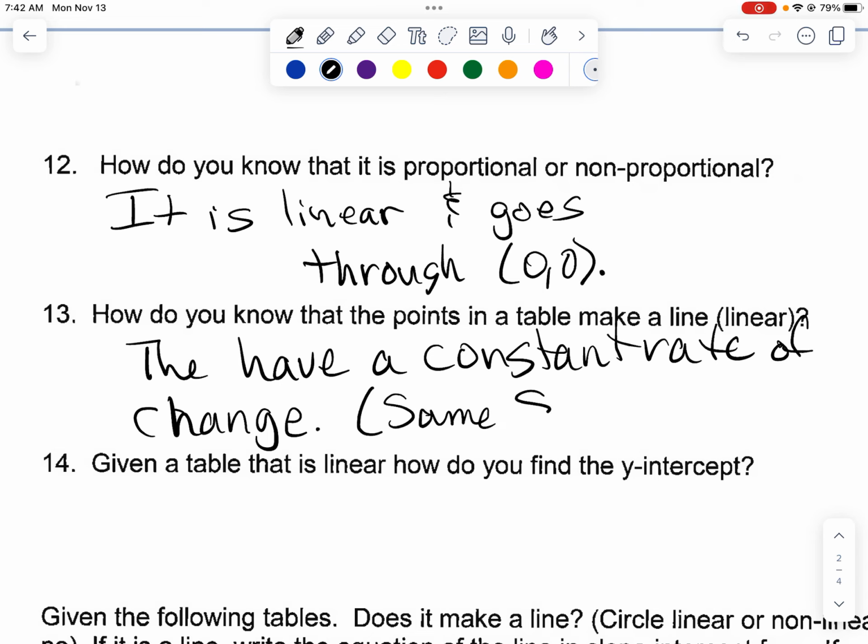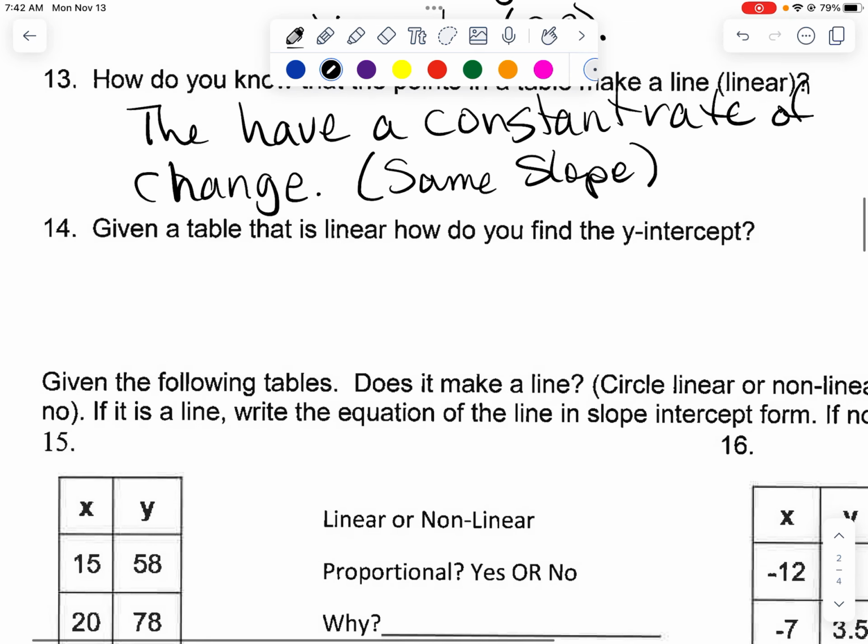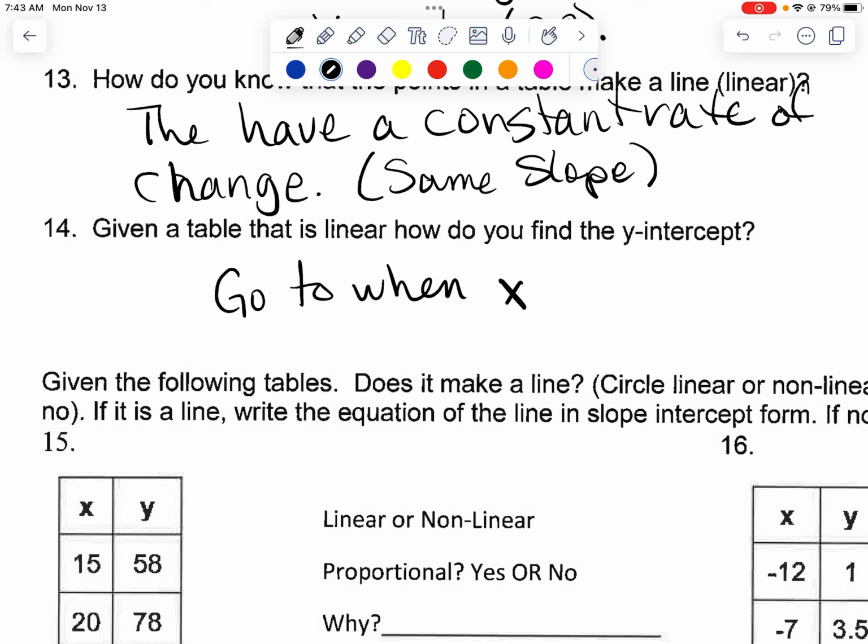Same slope. Given a table that is linear, how do you find the y-intercept? Go to when x equals 0 and look at the y value.